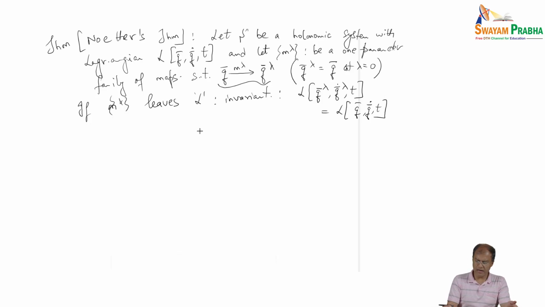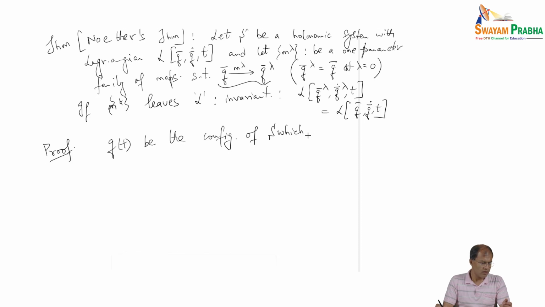And then let us see the proof of this result. So let q of t be the configuration of S, which is a solution to this system, which is a solution of our Lagrange equation.